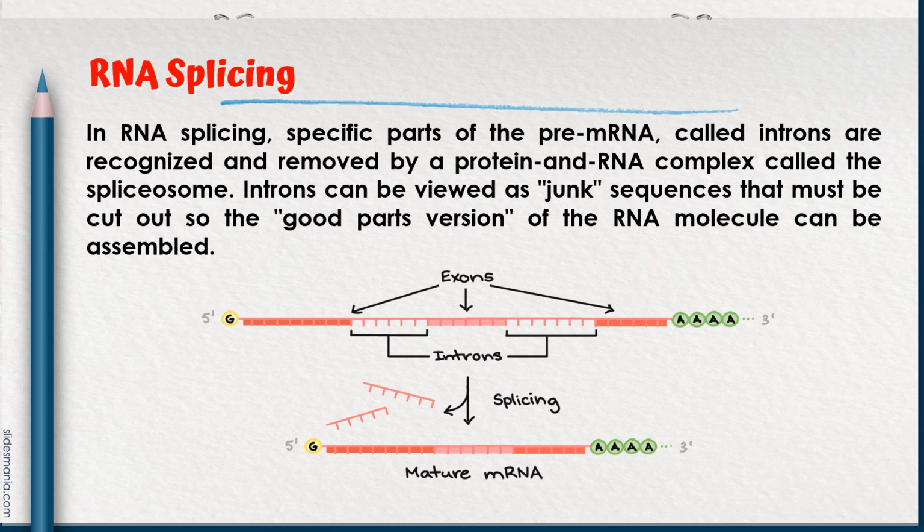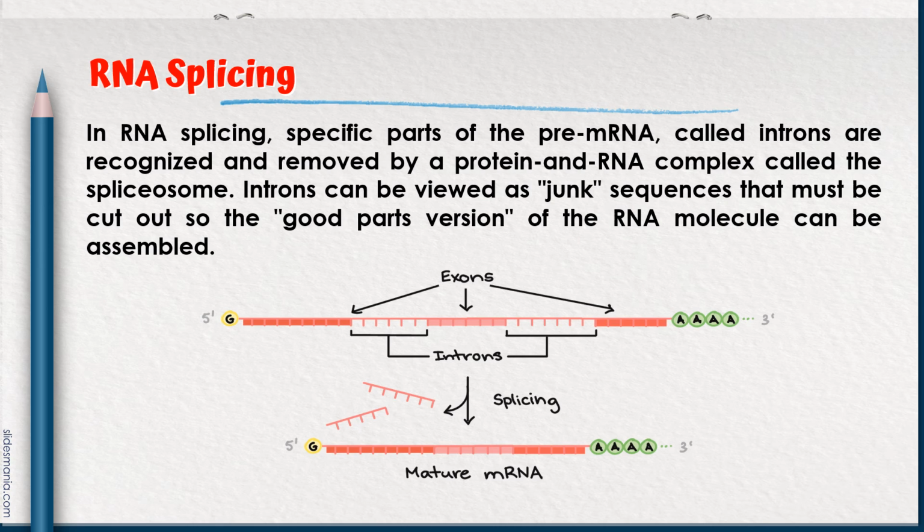The exons are pasted together by the spliceosome to make the final mature mRNA that is shipped out of the nucleus. In this diagram of the pre-mRNA, which shows the exons and introns along the length of the RNA, there is an alternating pattern of exons and introns.